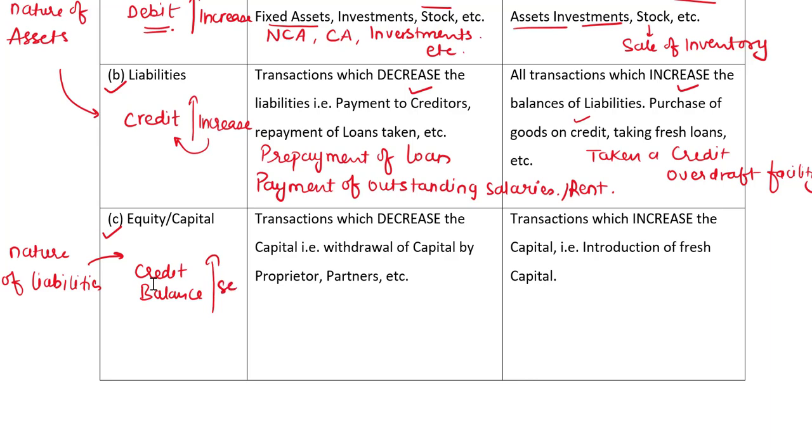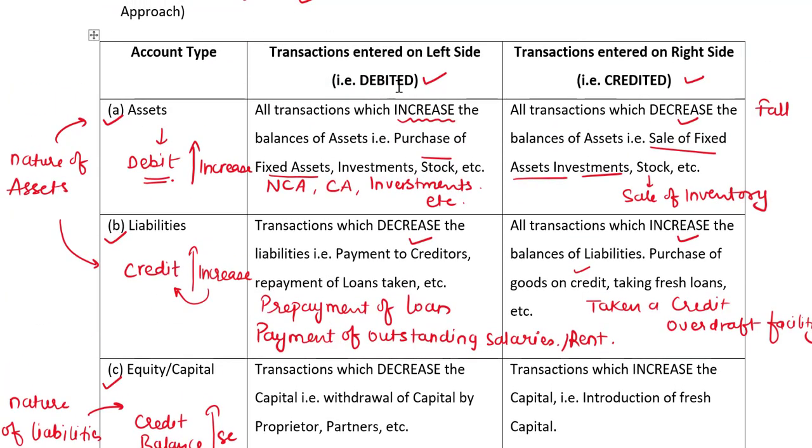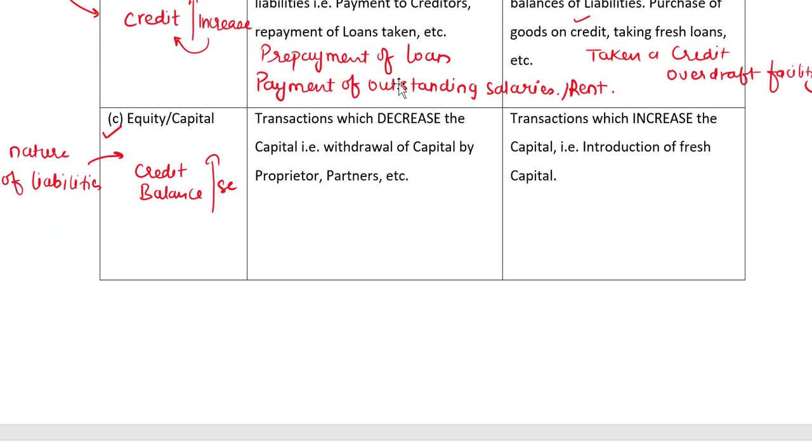Whenever the equity or capital increases, it is to be credited, and when there is a decrease, it is to be debited. So over here, the first column talks about debit. That means there is a considerable decrease in the equity or capital.